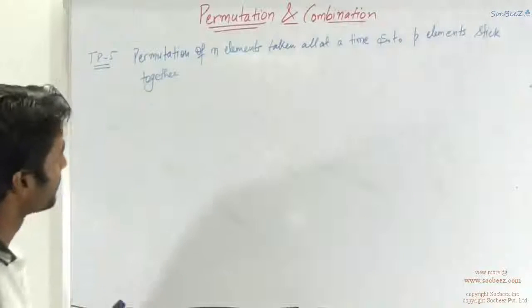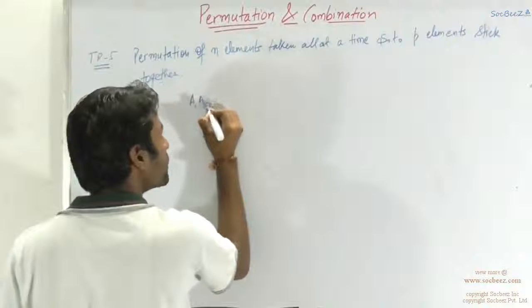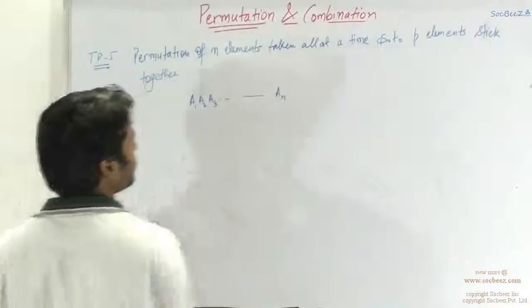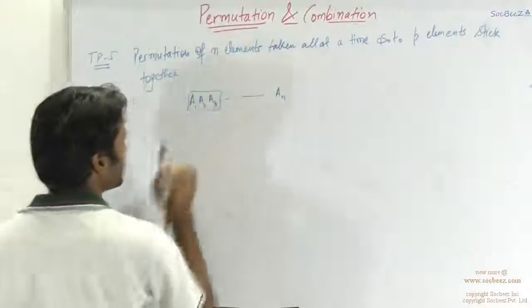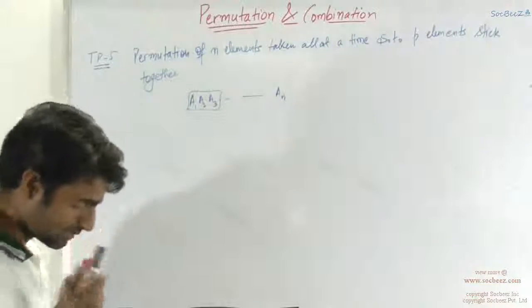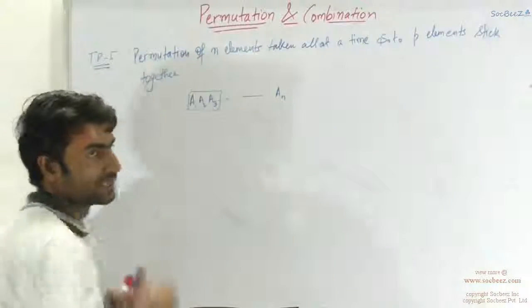What do we mean by this scenario? So if you had say A1, A2, A3 till An, these were the n elements, and if I say these three elements want to stay together, they don't want to part. A1, A2, A3 want to be together. That is, these three would be close by to each other. They don't want anyone in between them.